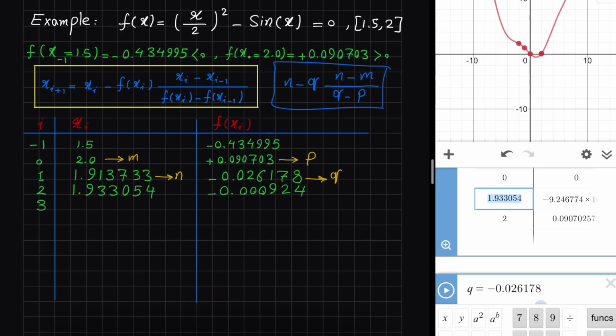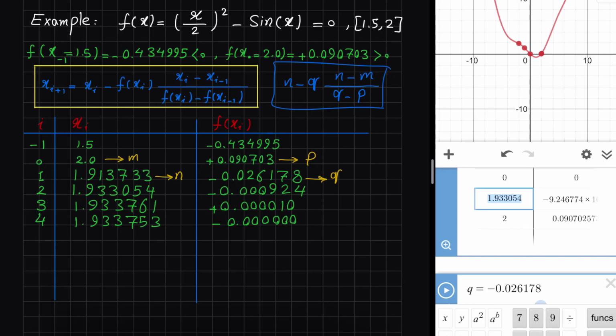For the third iteration, we get 1.93376 and the new f(x) is 0.000010, and for the fourth iteration we get 1.9337753, and our f(x) is minus this value.